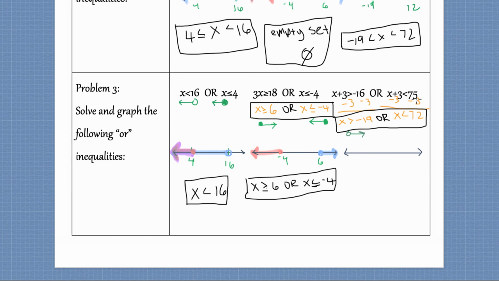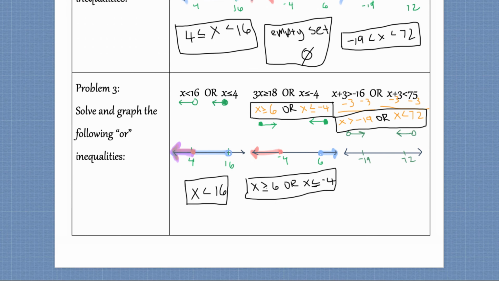The second one says x is less than 72, and so since it says less than, we're going to have an open circle, and all of the solutions are less than 72, so our arrow is going to be pointed to the left. Now that we have this done, I'm going to label our number line, and I'm going to put -19, and I'm going to put 72 over here.